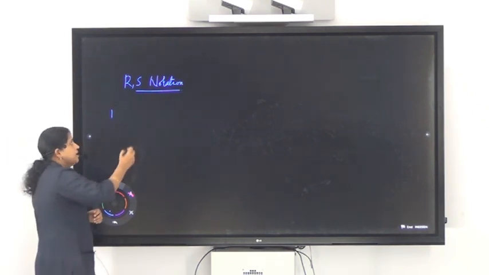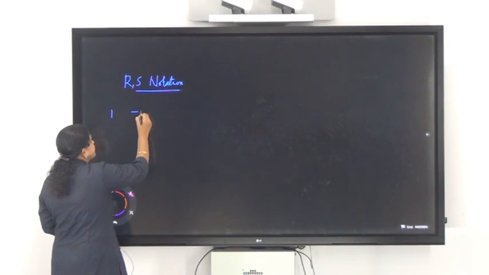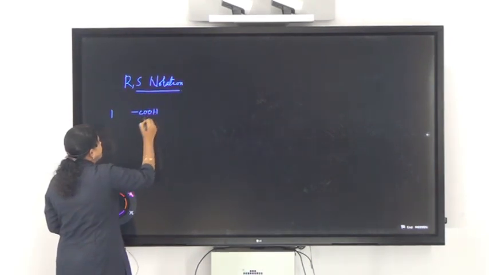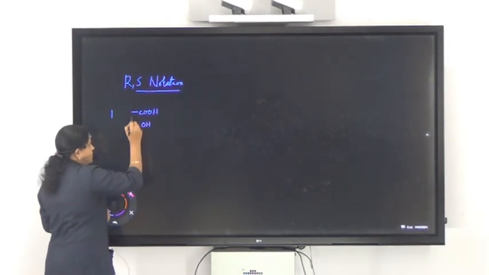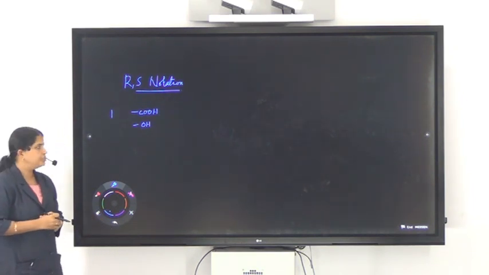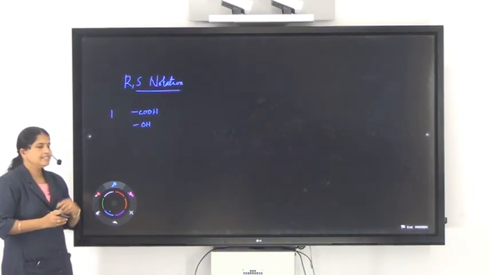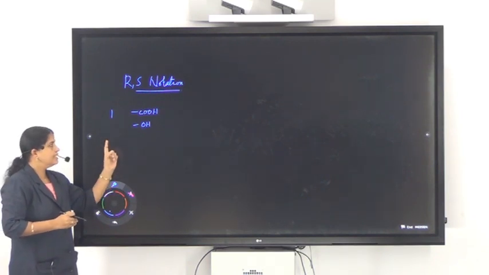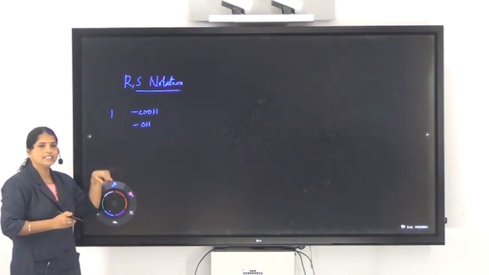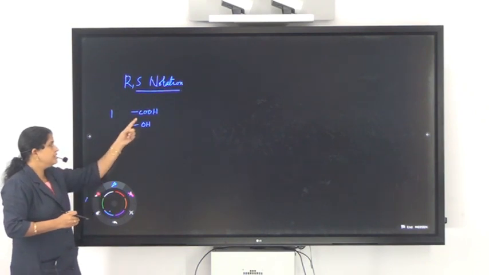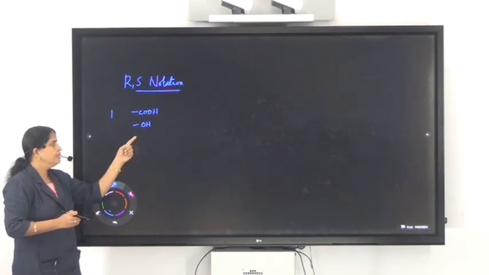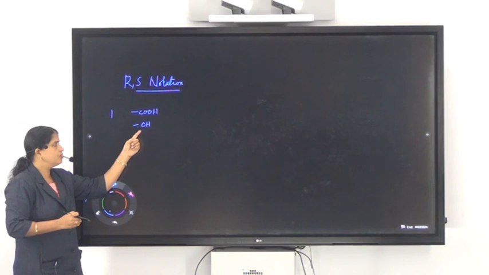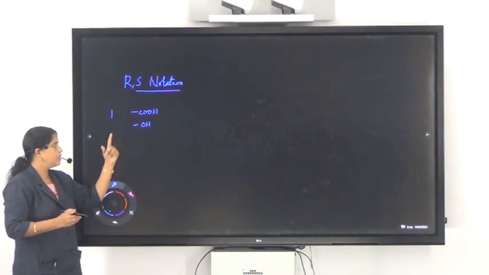For example, consider the carboxylic acid group and the hydroxyl group, COOH group and OH group. Assign first priority to the group that contains the atom with the highest atomic number. In the COOH group and OH group, the atom with the highest atomic number is oxygen compared to carbon.